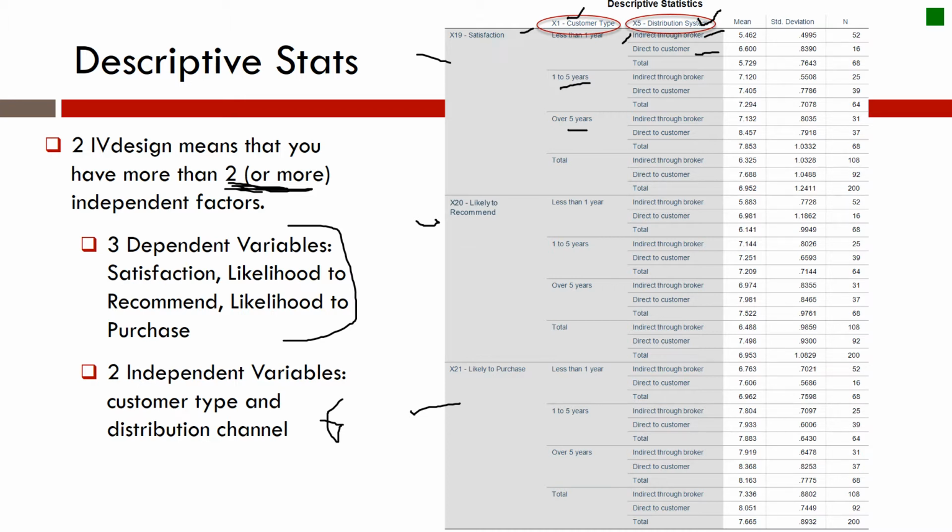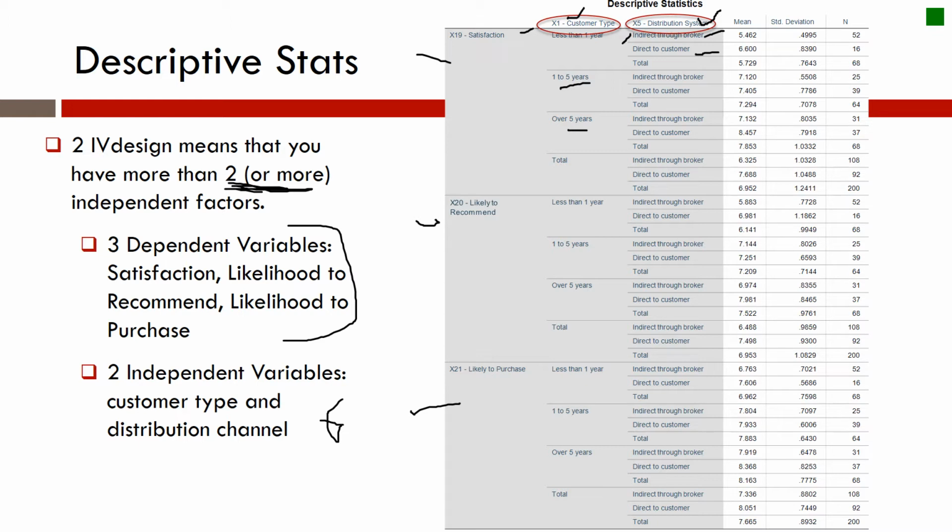So we have 3 levels of customer type and 2 levels of distribution system, meaning 6 different groups. And then we have 3 different dependent variables. So 3 times 6, we have 18 different means reported here in all. And that's how we move forward with this.